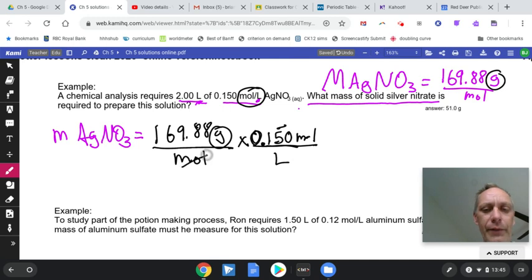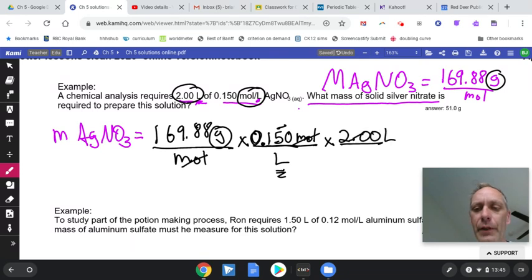Okay, moles are gone. Now the problem is I still have this liters to deal with, but there's my liters to cancel it out. Do I put it on top or bottom? Top. Liters cancels out. All my units cancel out. I'm left with grams. 169.88 times 0.150 times 2 over 1.